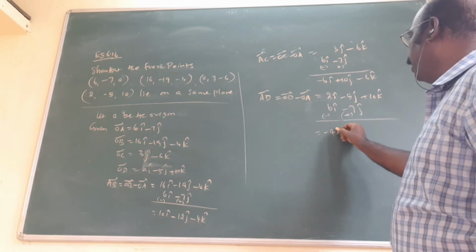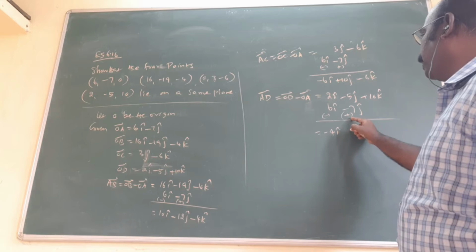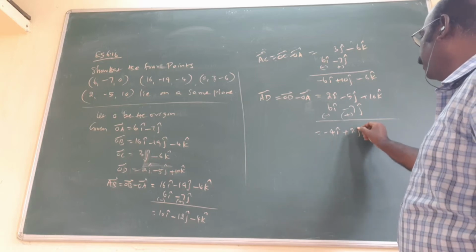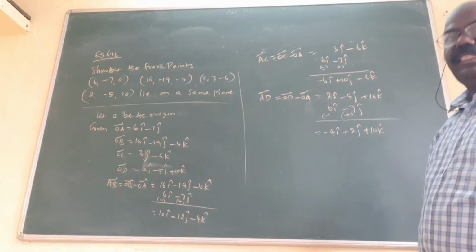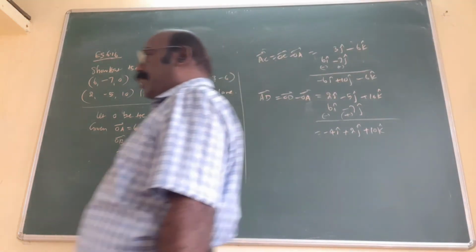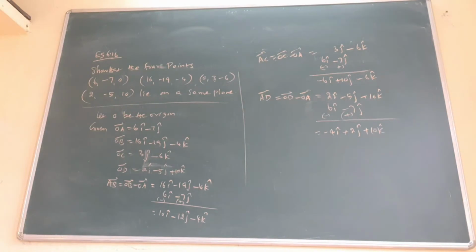Minus 4i cap plus 2j cap plus 10k cap. In this way, you will find AB vector, AC vector, AD vector. Now you find the box product. Definitely 0 will come. Therefore, the 3 vectors are coplanar.